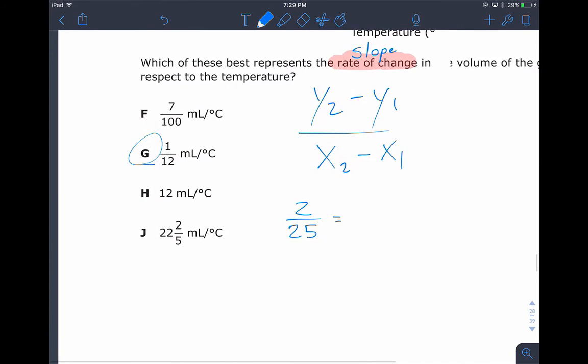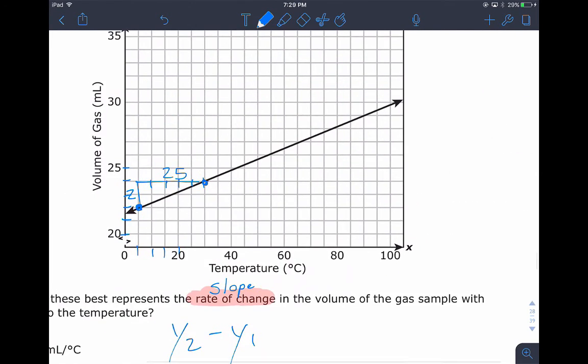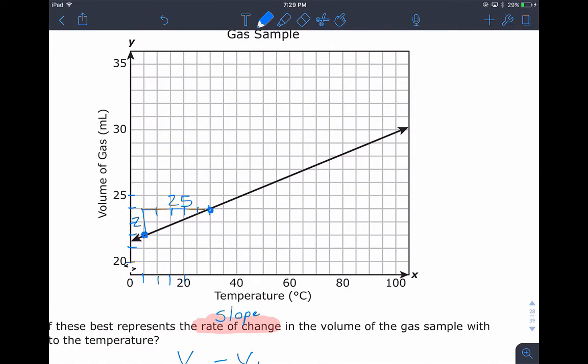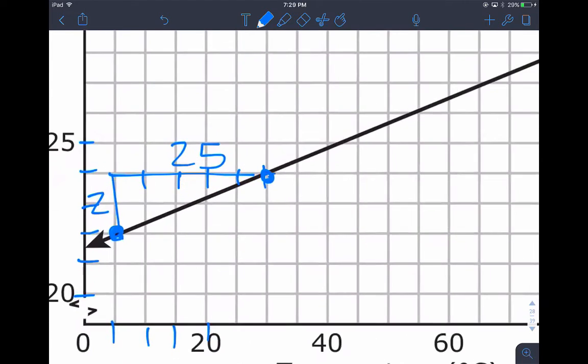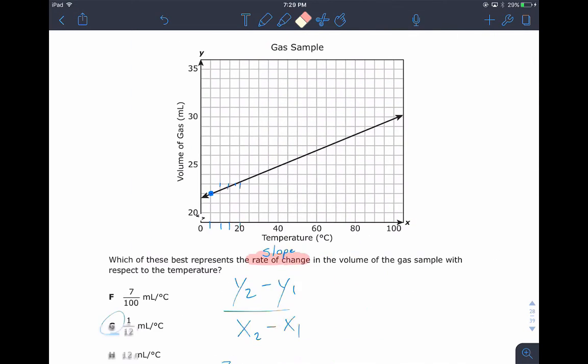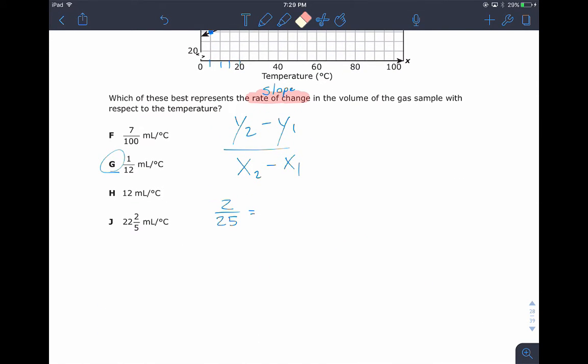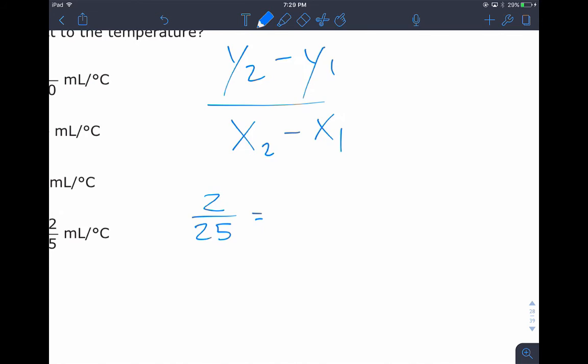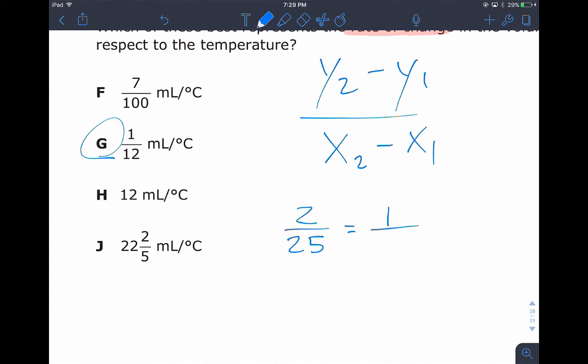So I'm trying to think of a good way to explain why. I guess it's kind of like going up 1 and over 12. You could figure that out here: 5, 10, and then not quite 15 right there. 2 over 25, if you reduce it, you could say it's like 1 over 12.5.